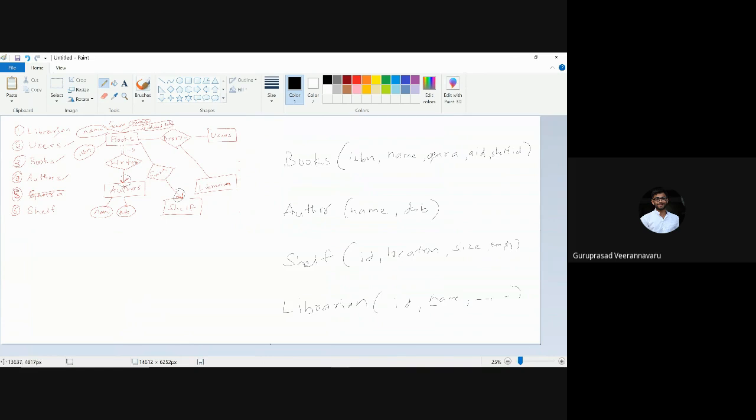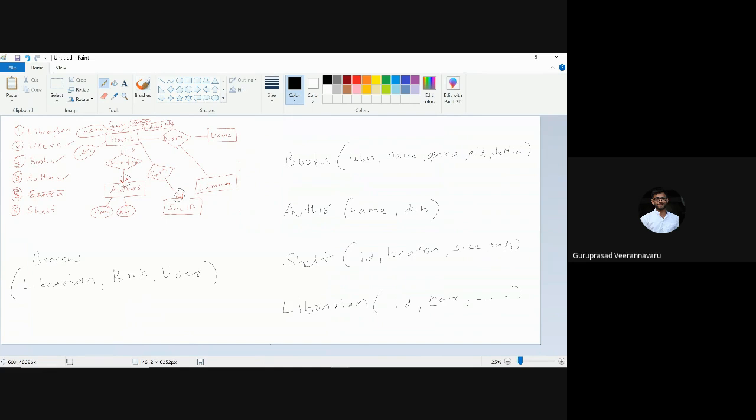And then borrow, how many people are dependent? So librarian is there. And then you have the book that was borrowed, and then you have the user, right?